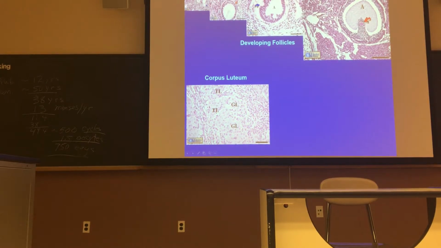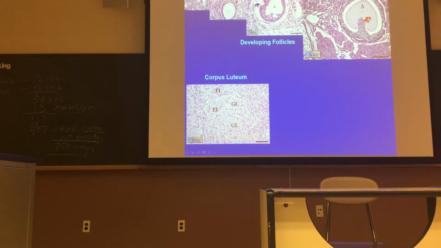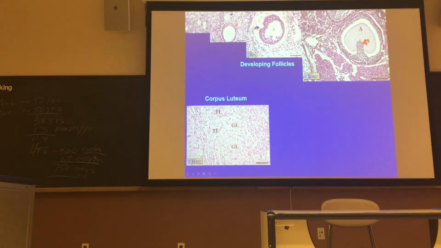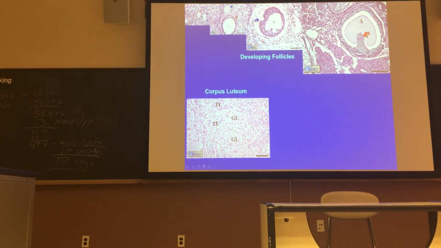When you're just before ovulation, you're going to see a structure that's, again, a lot larger, with more granulosa cells, both of mural type and cumulus type, and you're going to see more protein deposited in the center in the antral space.